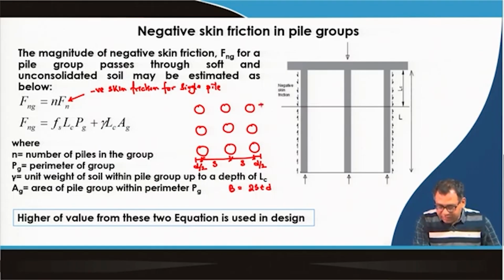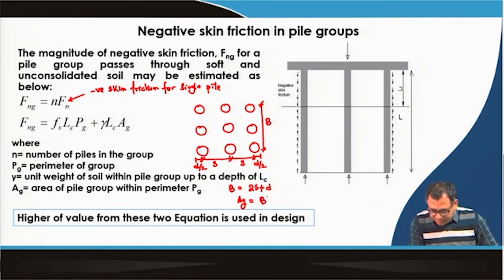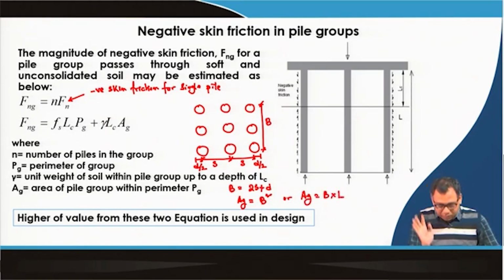If it is a square pile group, then B is 2S plus d and the area A_G will be B square. If it is a rectangular pile group, then A_G will be B into L.